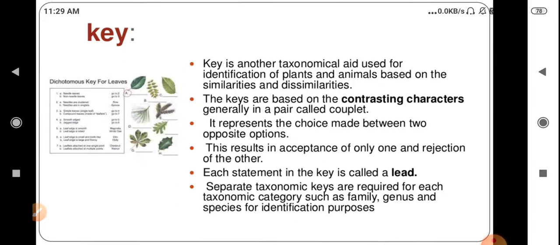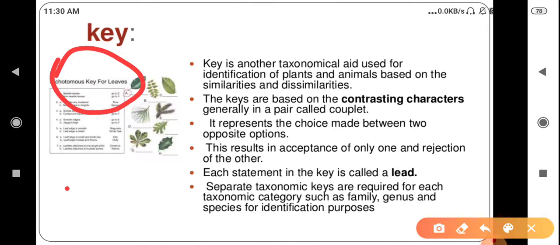Now this is an example of a key. This is a dichotomous key for leaves. The key is analytical in nature, it means it uses a trial and error method.